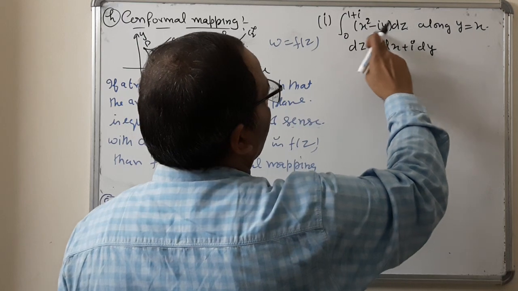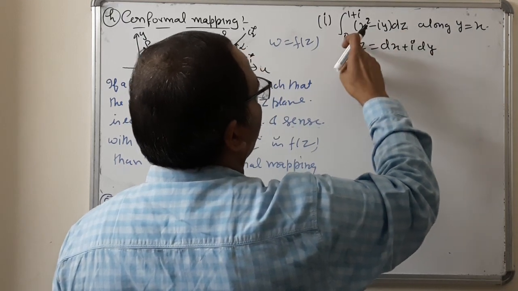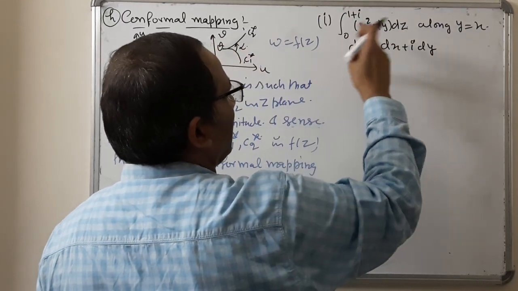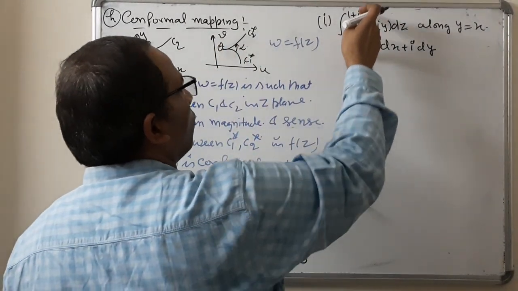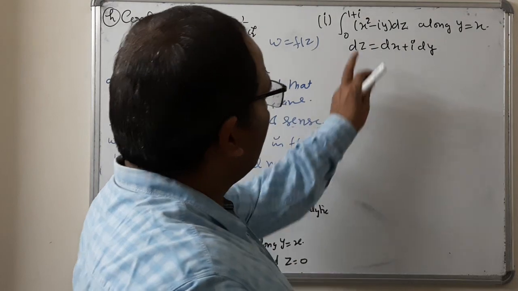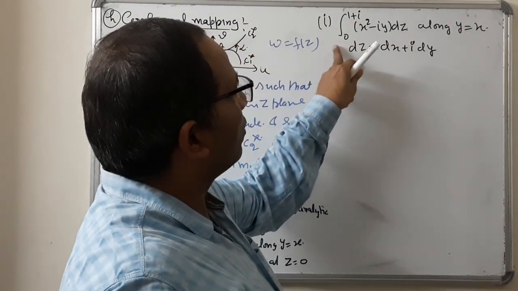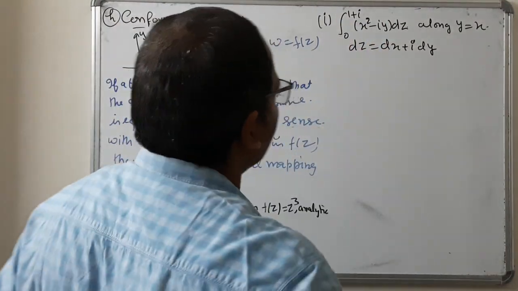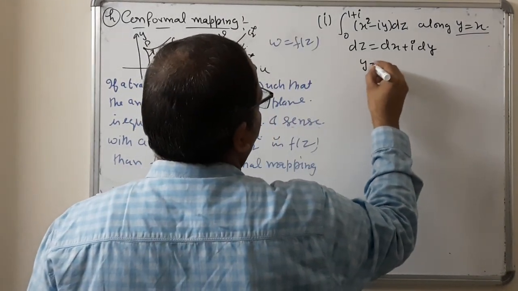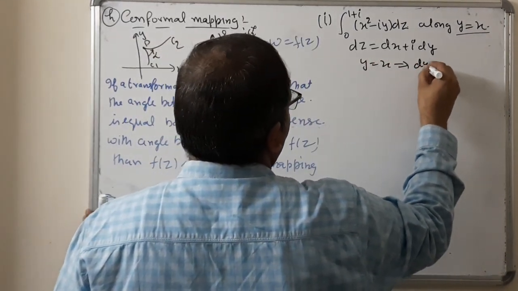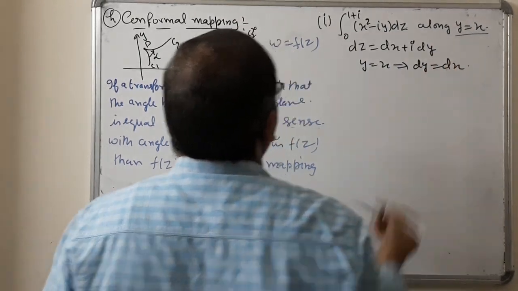If you convert the given integration in terms of x, then put the limit of x. If you convert the whole integration in y, then put the limit of y. The limit of x means the real part and the limit of y means the imaginary part. Clear? So here the path is given y equal to x. If y equal to x, that means dy is equal to dx.